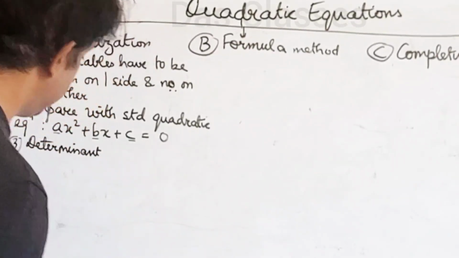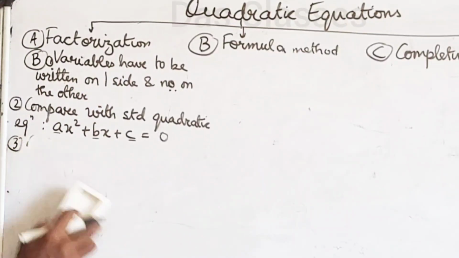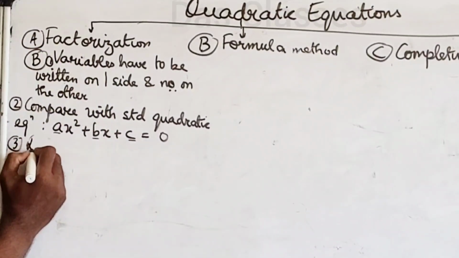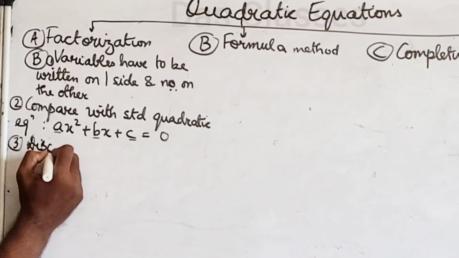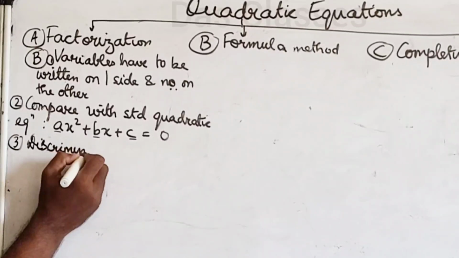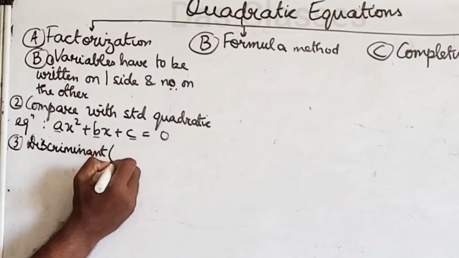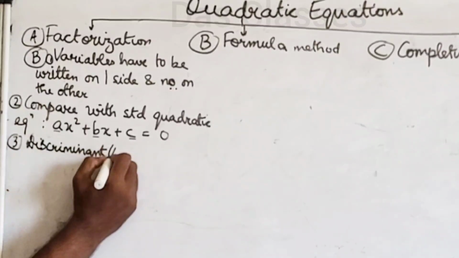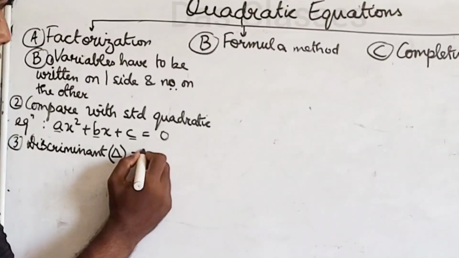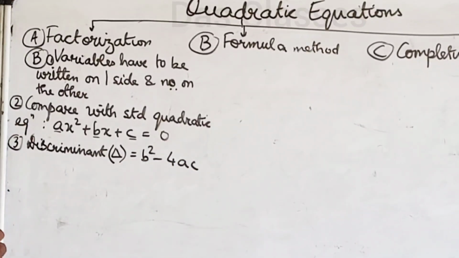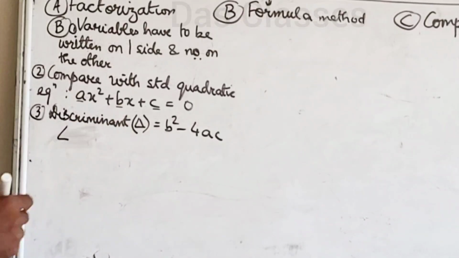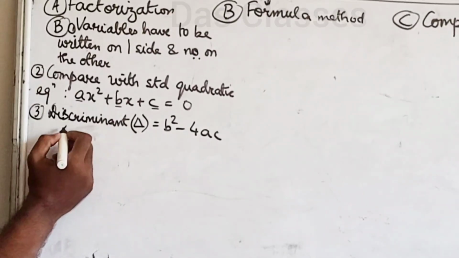Actually, it's called the discriminant, also given by the sign delta. Find out b square minus 4ac. Once you have found b square minus 4ac, there are three possibilities.